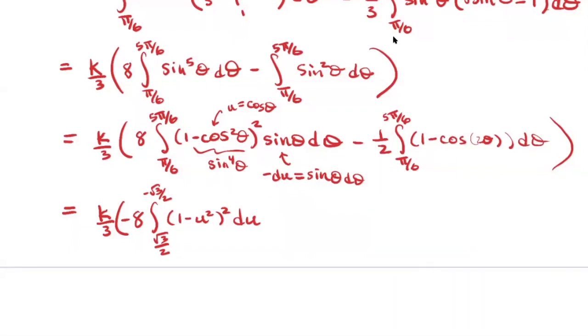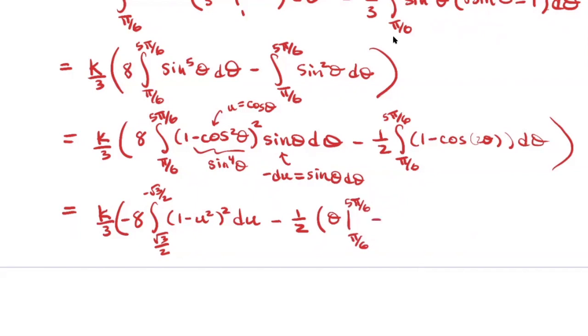On the other one, we've got a minus 1/2. Let's see if we can evaluate this. So you're just going to have a theta from pi over 6 to 5 pi over 6, and so that's going to be a 1/2.